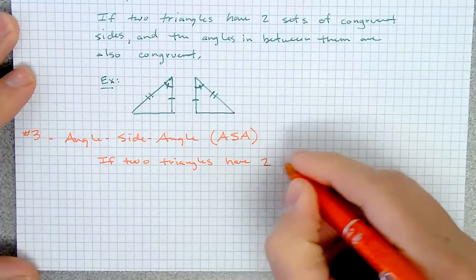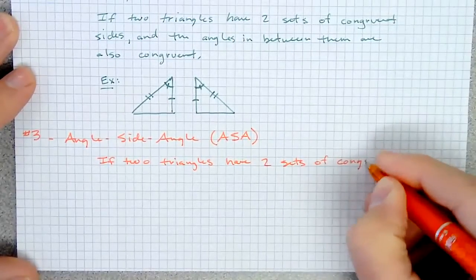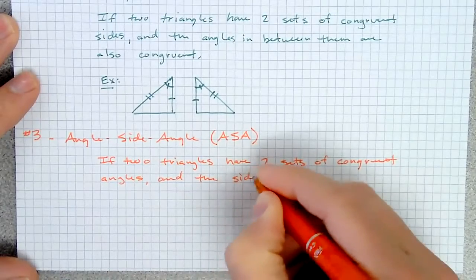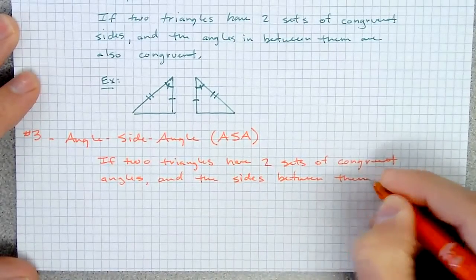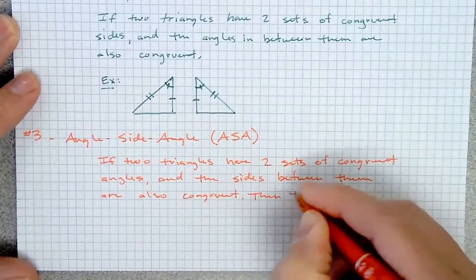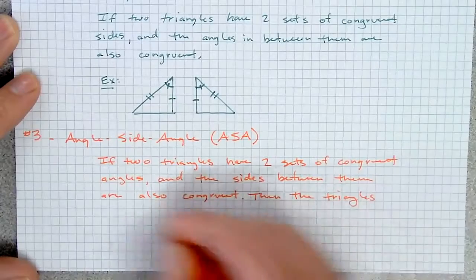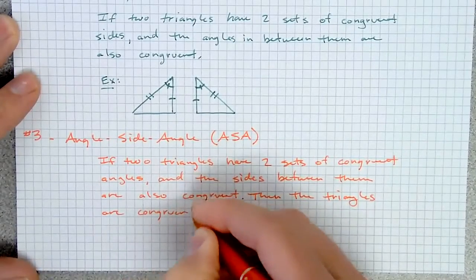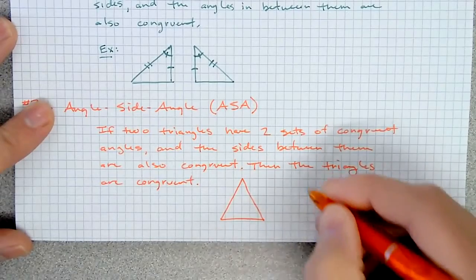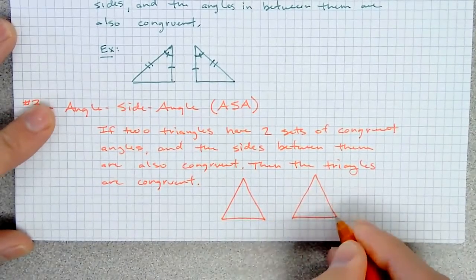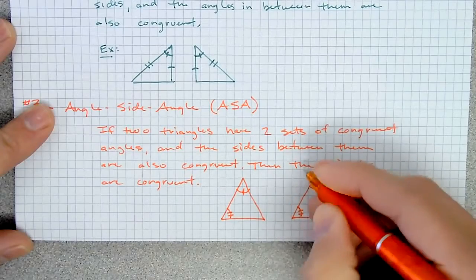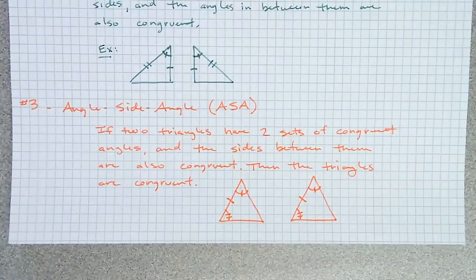You have two triangles that have two sets of congruent angles, and the side between them is also congruent, and the triangles are congruent. All right, something that would look like that.